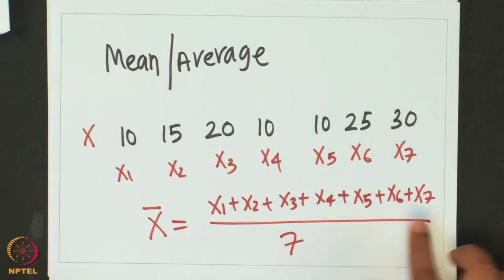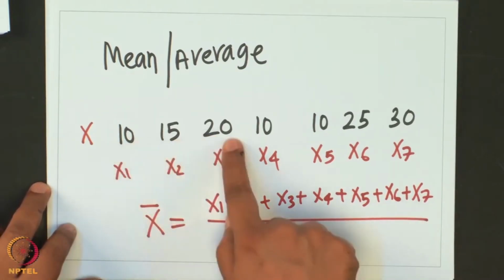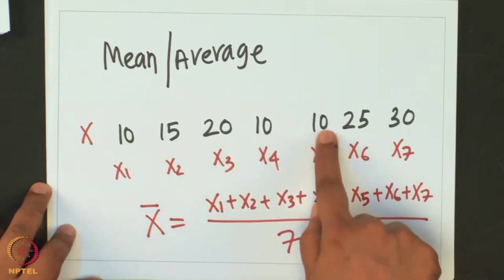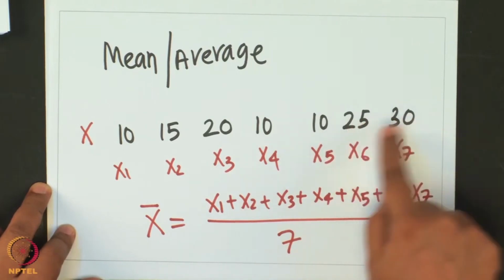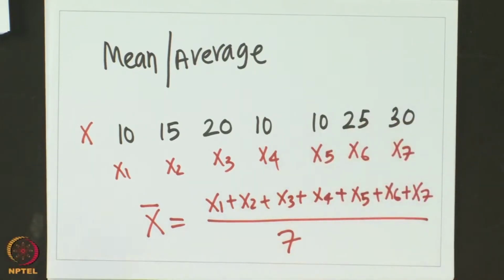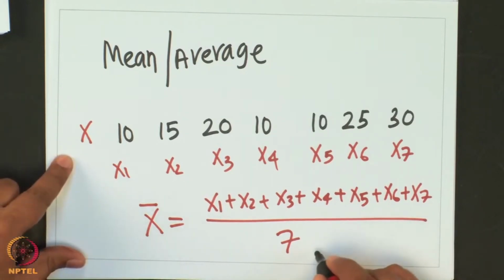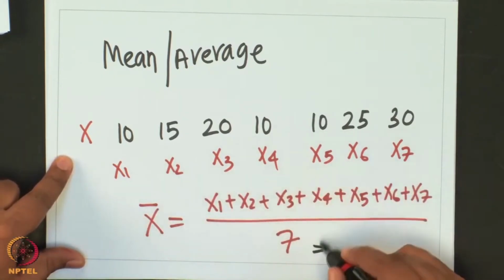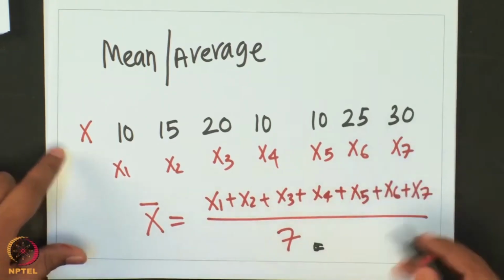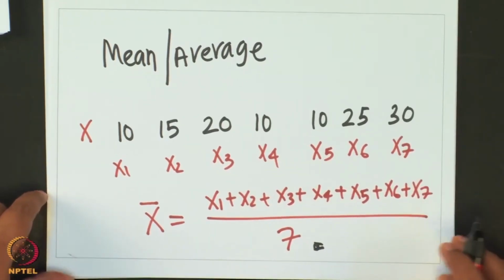If I do this, we have 25, 45, 55, 65, 95, 120 divided by 7 would be the answer here. So for these numbers, you would get the answer which is 120 divided by 7.